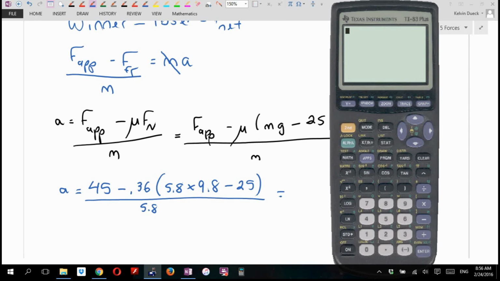Is this a fraction? Is there more than one thing on the top? Okay, so I'm going to go bracket 45 take away 0.36, and I guess I'm going to go bracket again, 5.8 times 9.8 minus 25. Close off that bracket. Close off the top. Divided by 5.8. I got 5.78 meters per second squared.